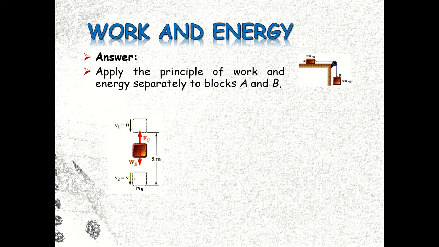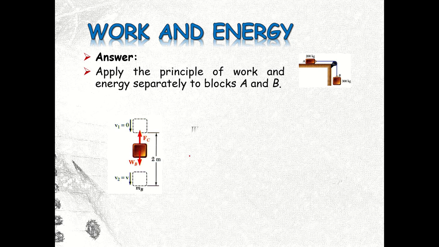This is the second position of block B. As block A travels 2 meters, block B also travels 2 meters, so they are equal. We also have to find the velocity v sub 2 at this position.